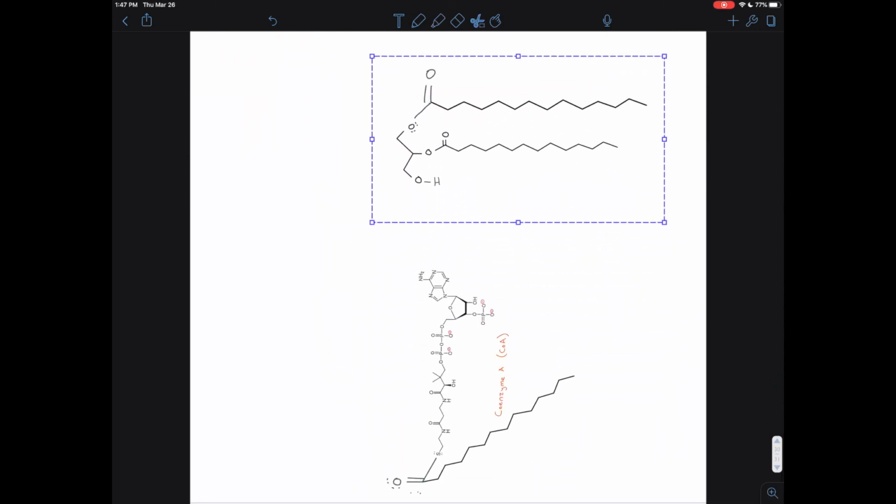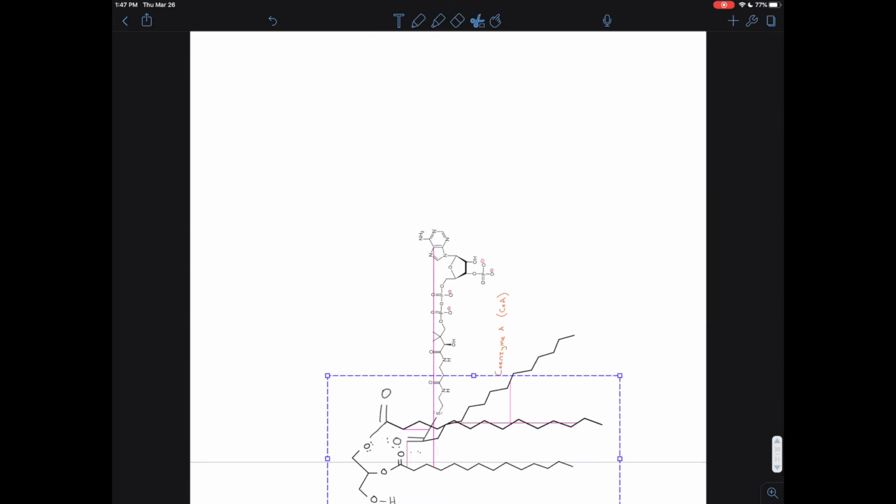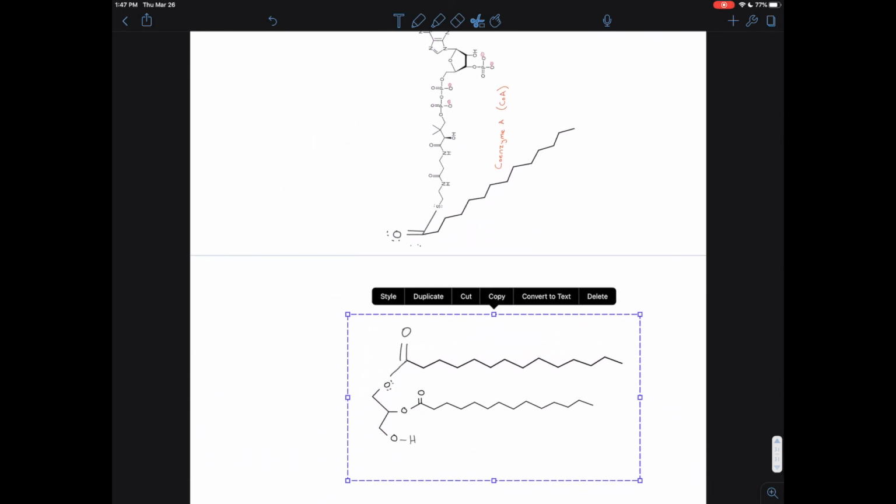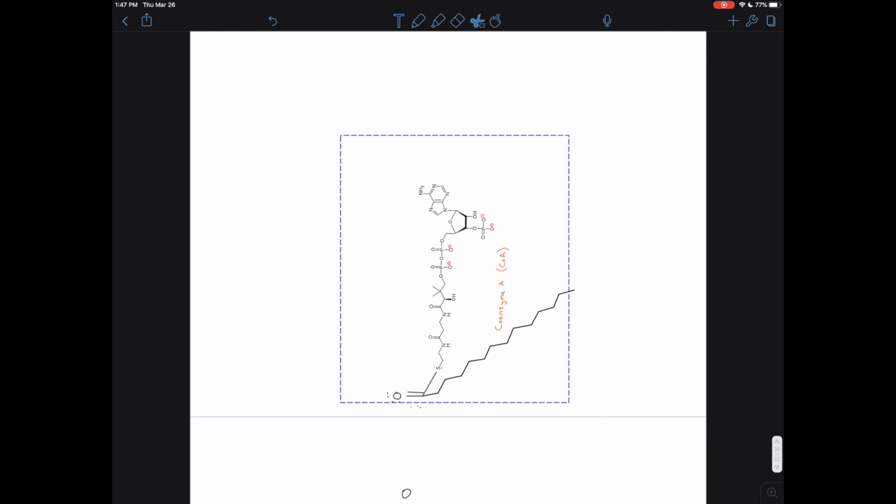Now at first, we're not quite ready for this diacylglycerol just yet.